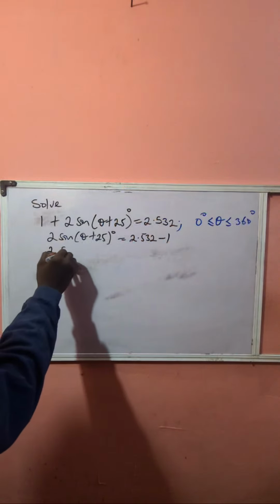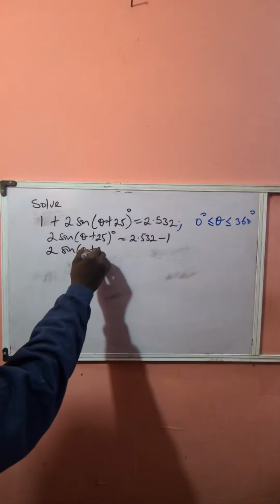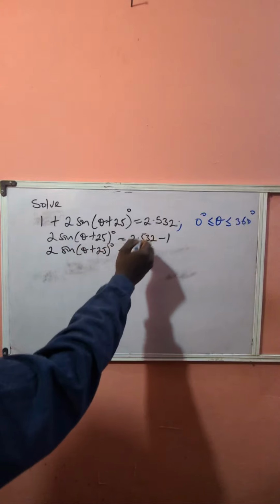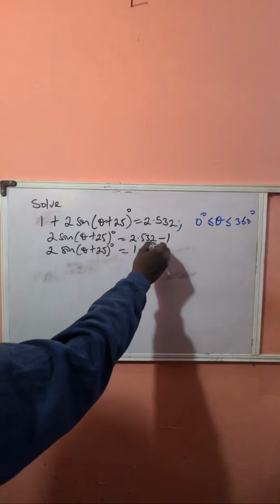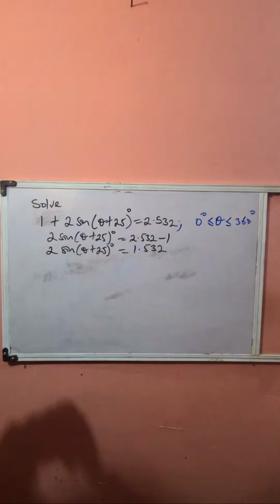So we have 2 sine(theta plus 25) equals 1.532.